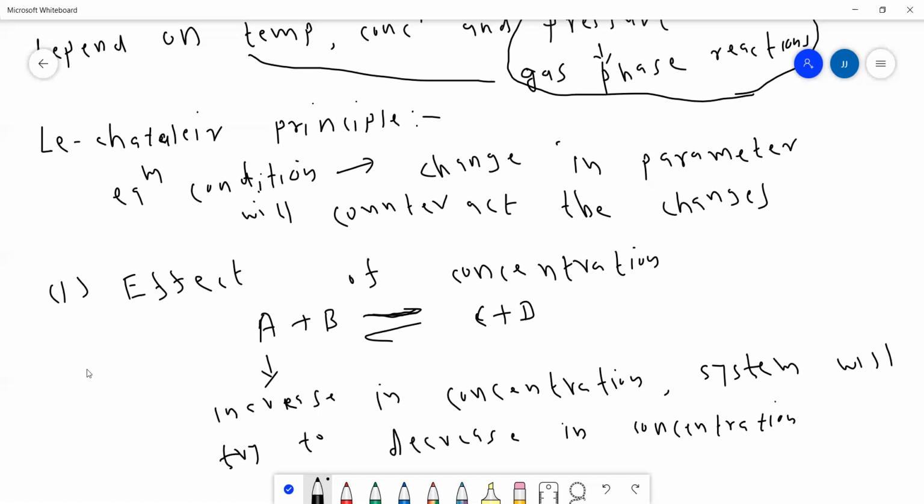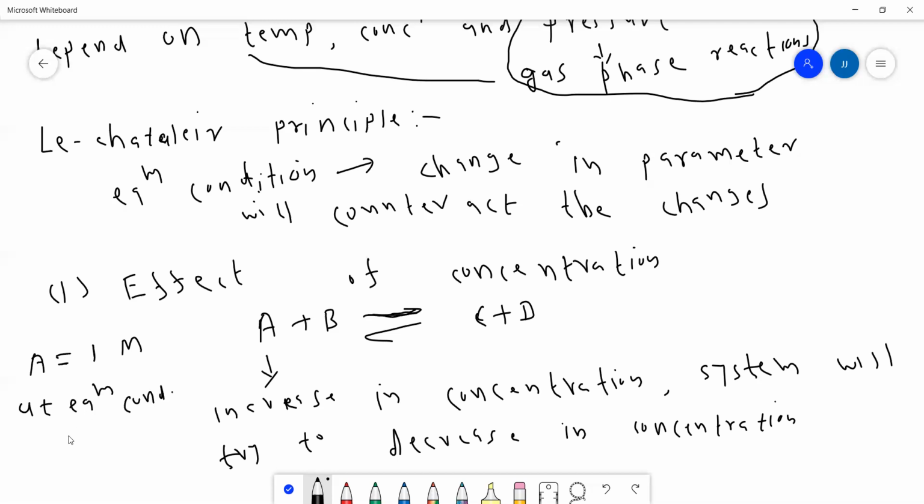Let's say, for example, initially this is the equilibrium condition, and at equilibrium A is, let's say, 1 molar. This is just an example.